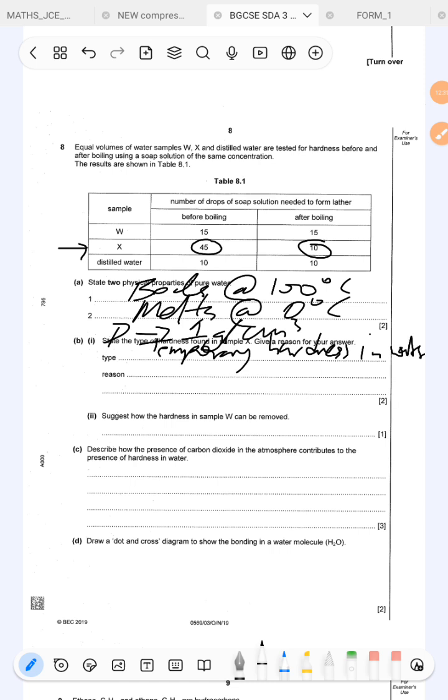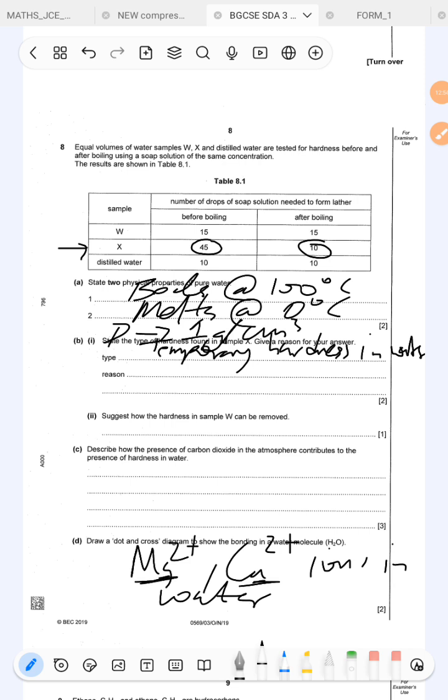Now, what is temporary hardness in water? Essentially, hardness in water is the presence of magnesium or calcium ions in water. So basically, if you have a sample of water with some concentration of magnesium ions or calcium ions, then that water is deemed to be hard water.